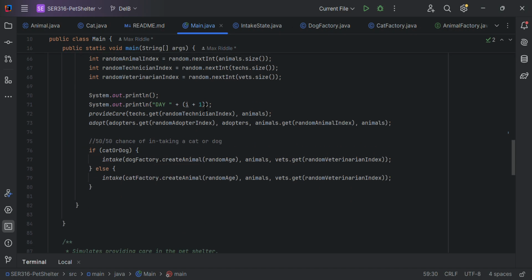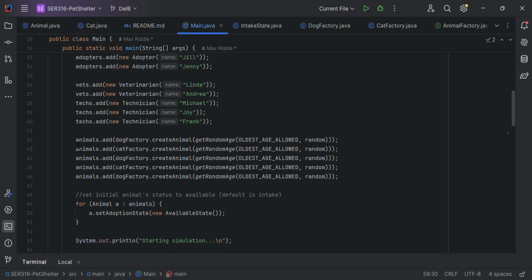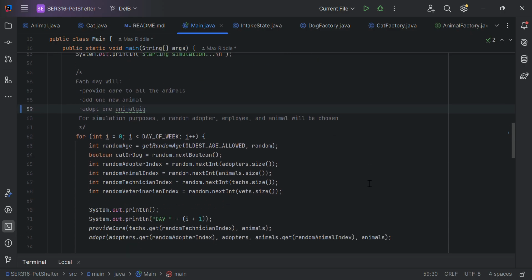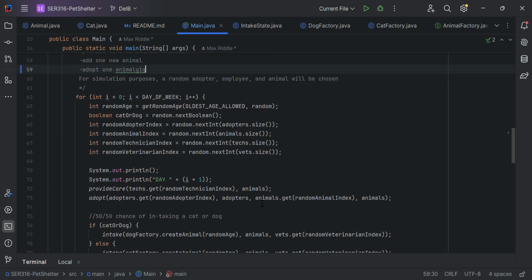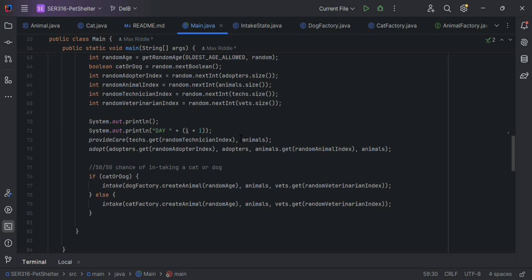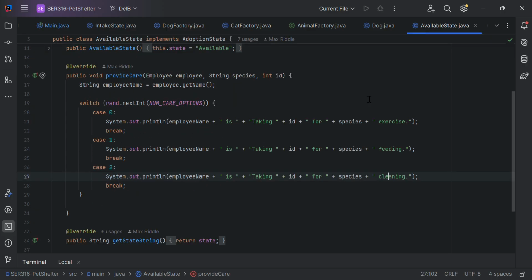The factories are used in order to create the animals, and the state design pattern is then used to provide care to these animals after the factory has created them, and provide different types of care depending on what state in the adoption process they are in.